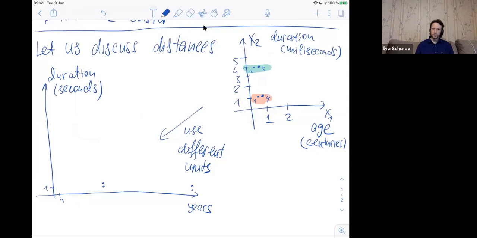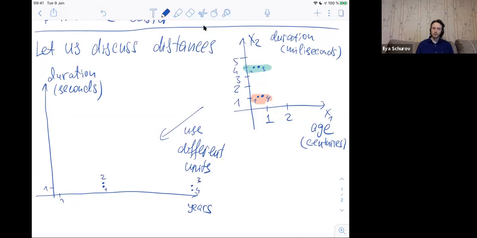This is the same data. Basically, this is the same picture, but I just used different units of measure. Let me again enumerate my numbers: 1, 4, 2, 3.